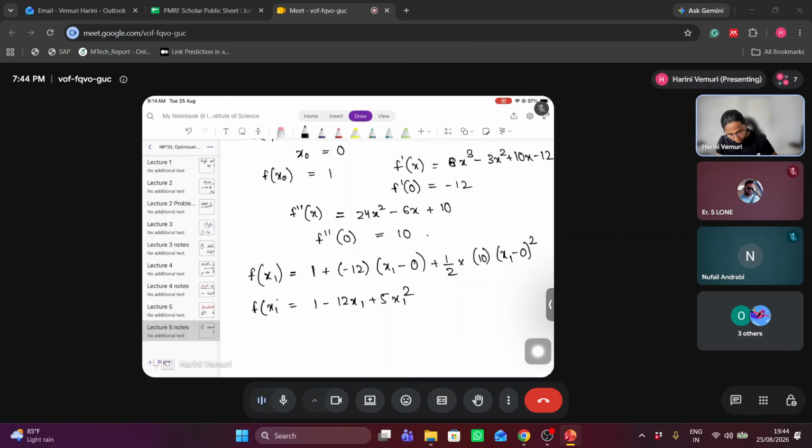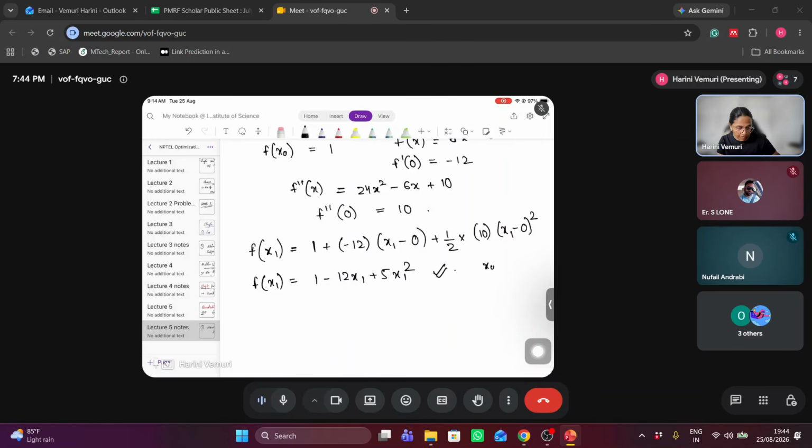So this is the quadratic approximation of the function when x naught is equal to 0. Okay, so in this case what we will try to do is make f dash of x1 equal to 0. Then we will find x1 star, the value where the function f of x1 will be optimum.